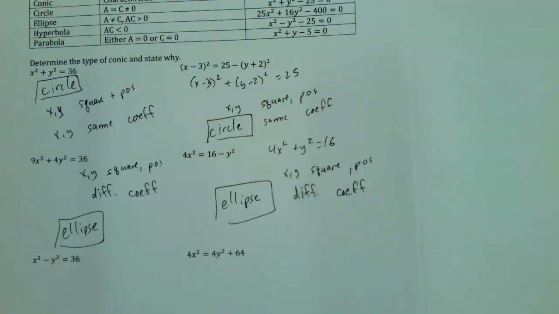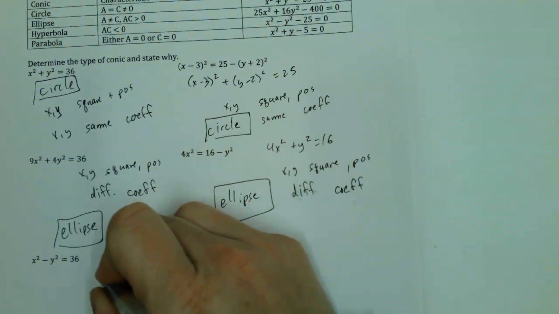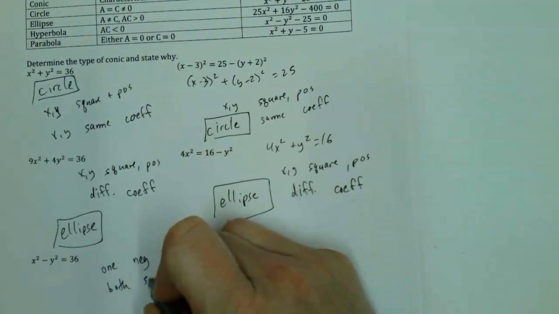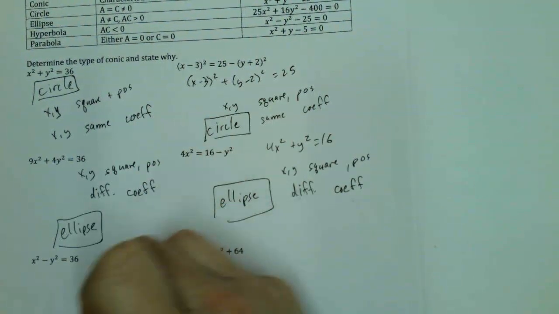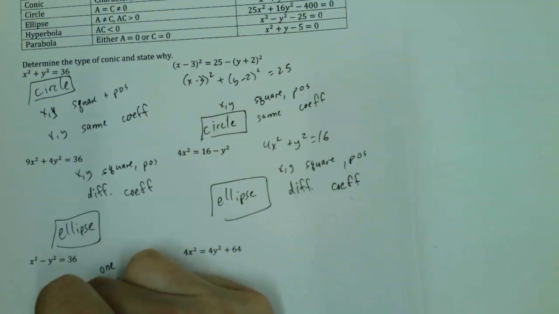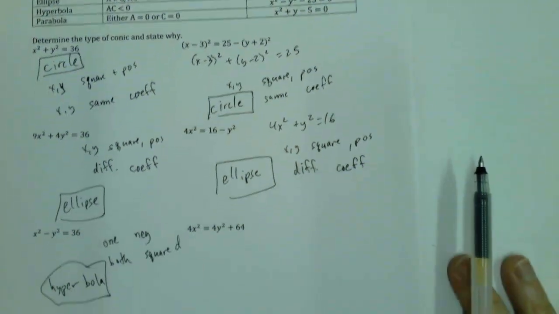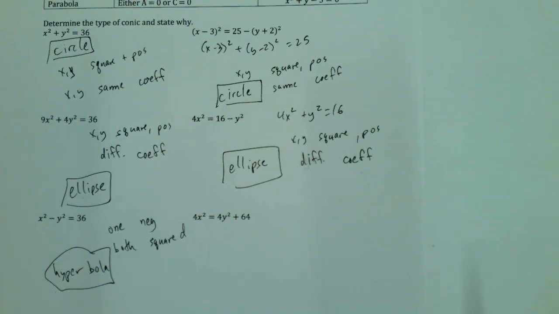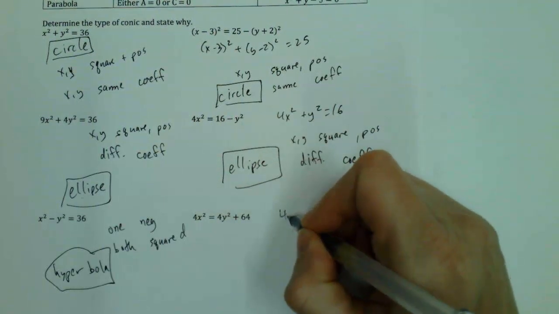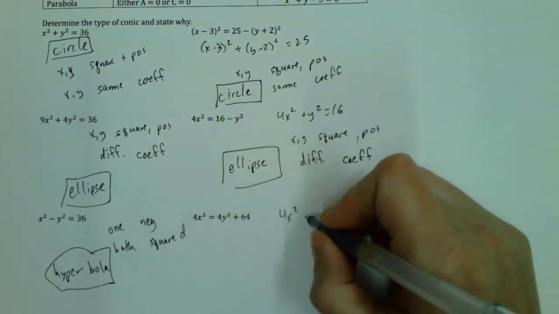So here, we do both have them squared, but one is negative. So this is a hyperbola. So again, if both your x and y are squared, but one of them is negative, that will give us a hyperbola. And similarly here, let's take that y to the other side.